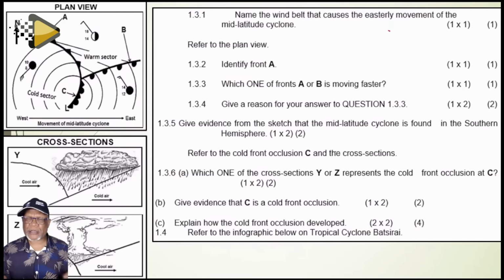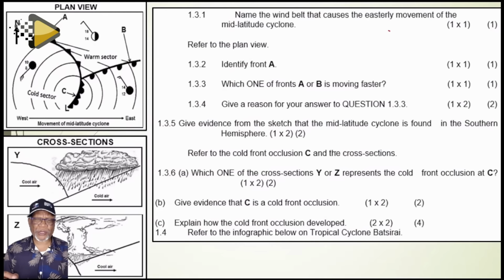The correct answer there will be the tropical westerlies. With the westerlies you can just say westerlies and you are correct, because we've got only one set of westerlies in the atmosphere. But with the easterlies, you have to specify whether it's polar easterlies or tropical easterlies.